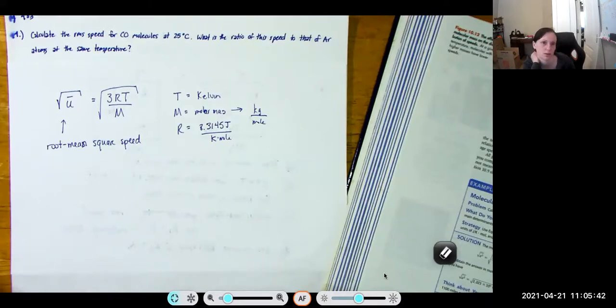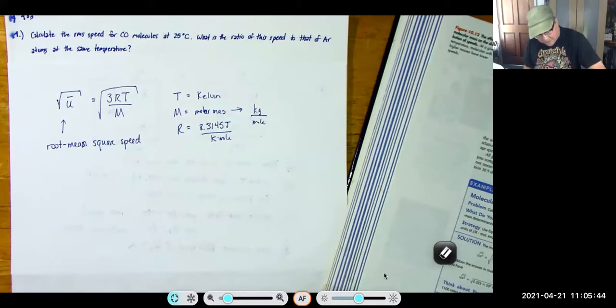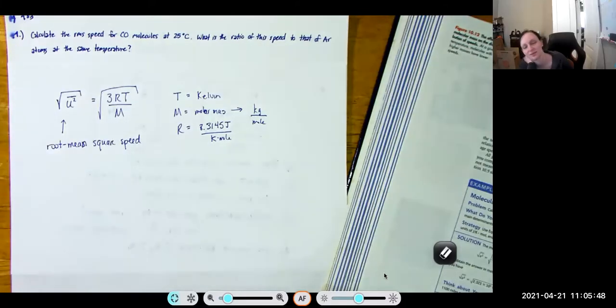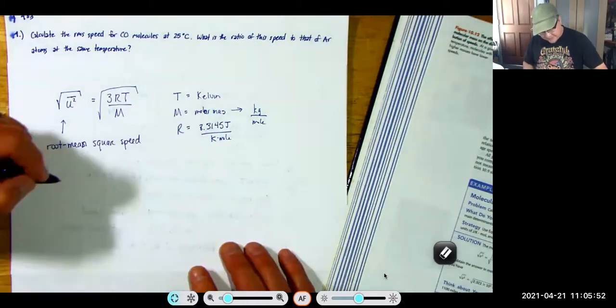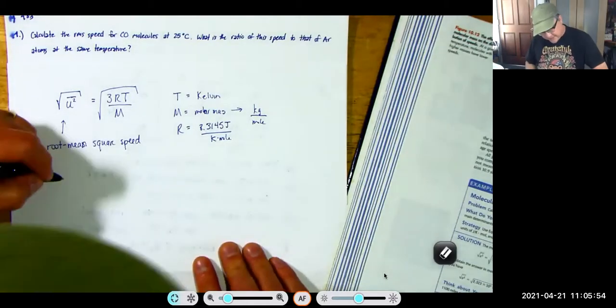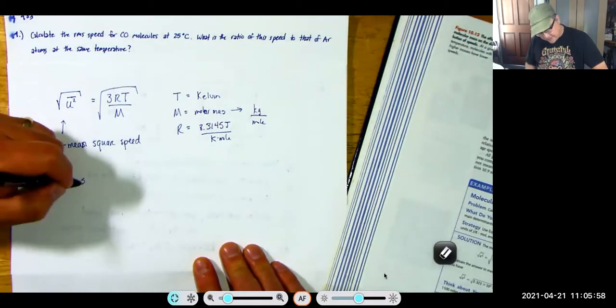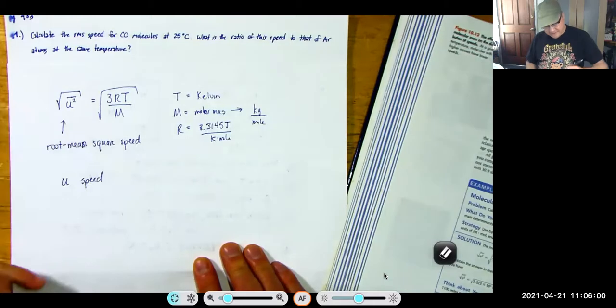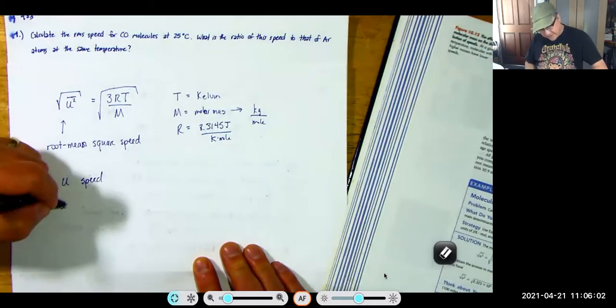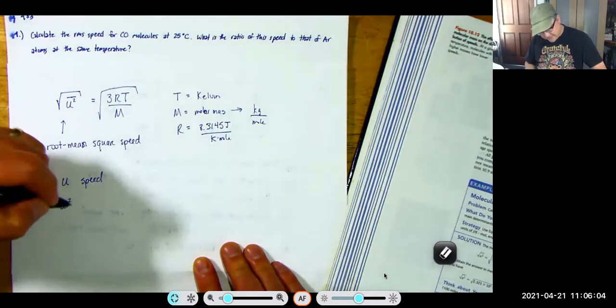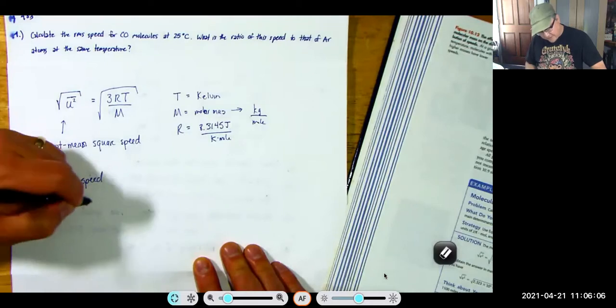That doesn't make sense. Oh, I'm sorry, I forgot that part. Okay. So this is the speed. This is the square speed.